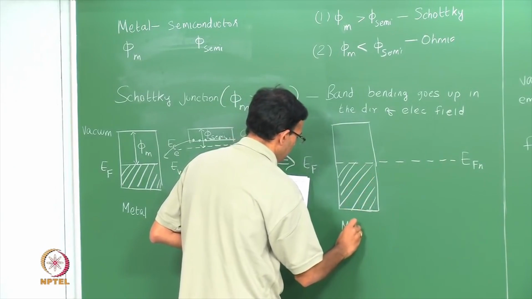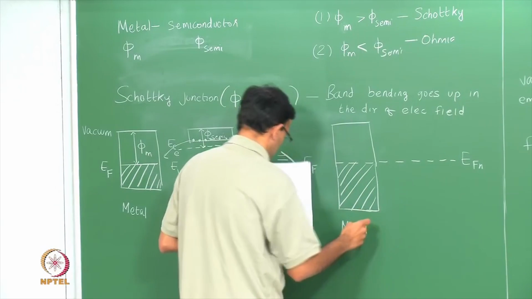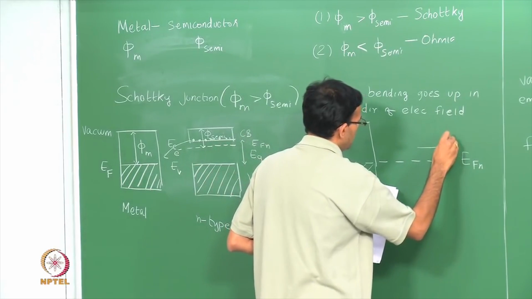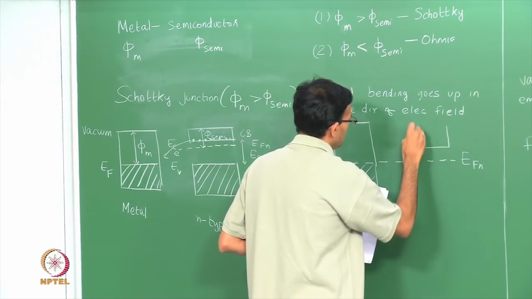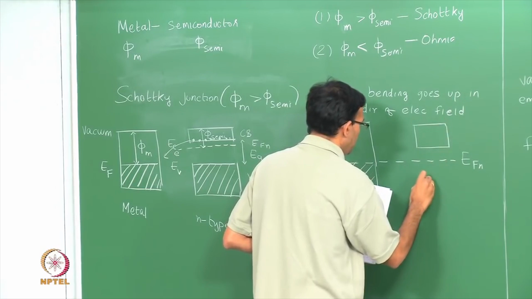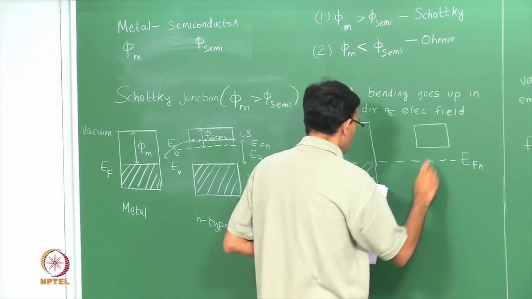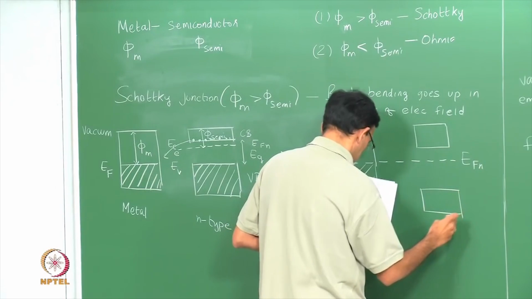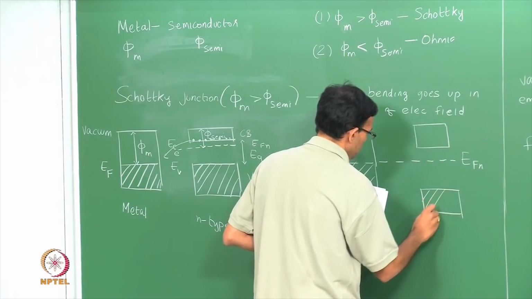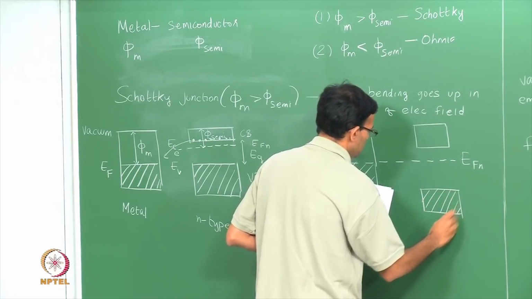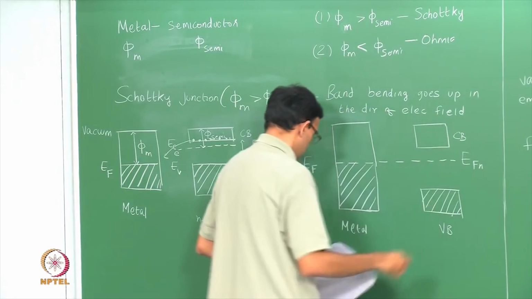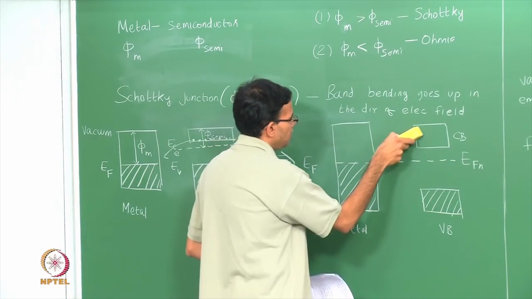So, this is your metal. Far away from the junction, the semiconductor behaves like an n-type. So, you have a conduction band and you have a valence band. Let me just erase this line.